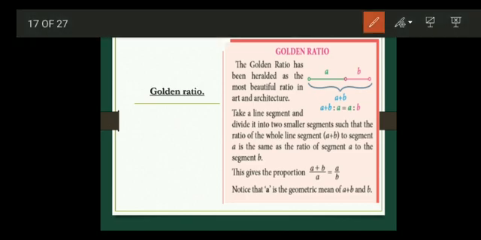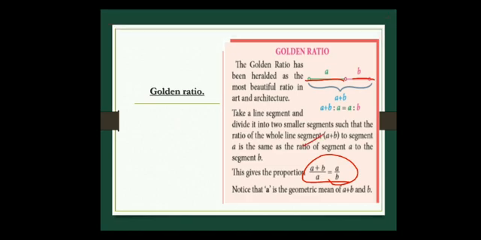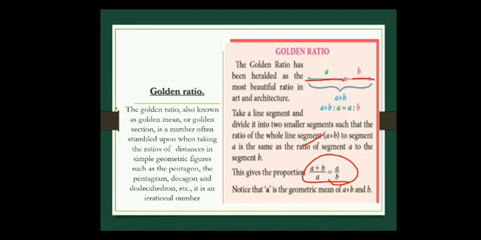We have to take a line segment and divide it into two smaller segments, A and B, such that A plus B by A is equal to A by B. This proportion is called the golden ratio, and it is also called the golden mean or golden section.